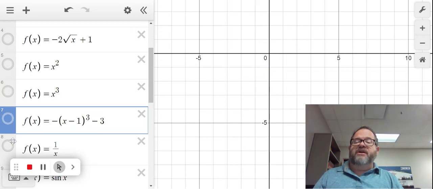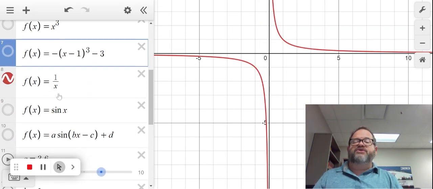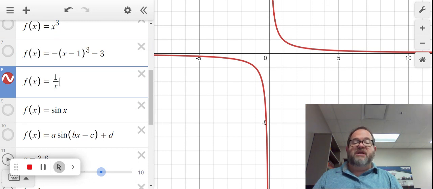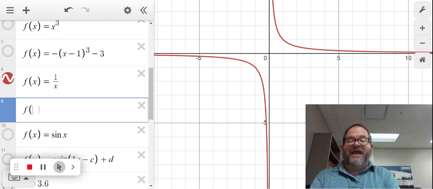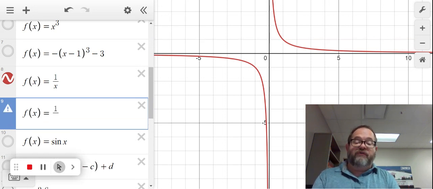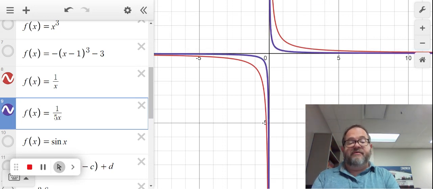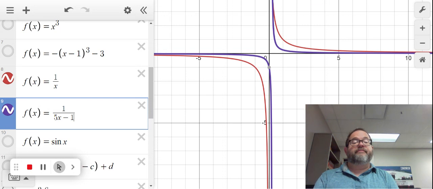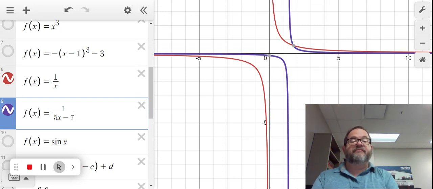If I just grab another one real quick, here is 1 over x. If I wanted to make one like this, f of x equals, all right, the parent function is 1 over whatever. What if instead of 1 over whatever, it was 1 over 5x minus 1, minus 7? There we go. So what has happened here?